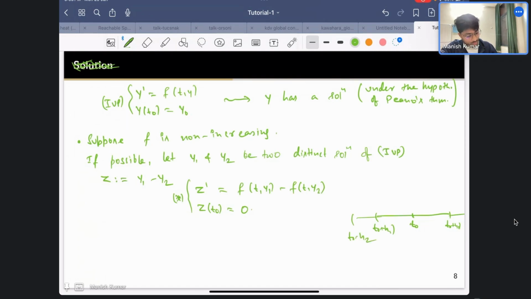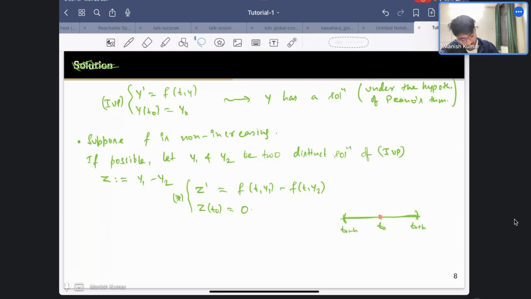So we are considering some interval, t naught minus h to t naught plus h. This is the interval where we are considering the solutions y1 and y2. At t naught we know that both are the same because of the initial condition.